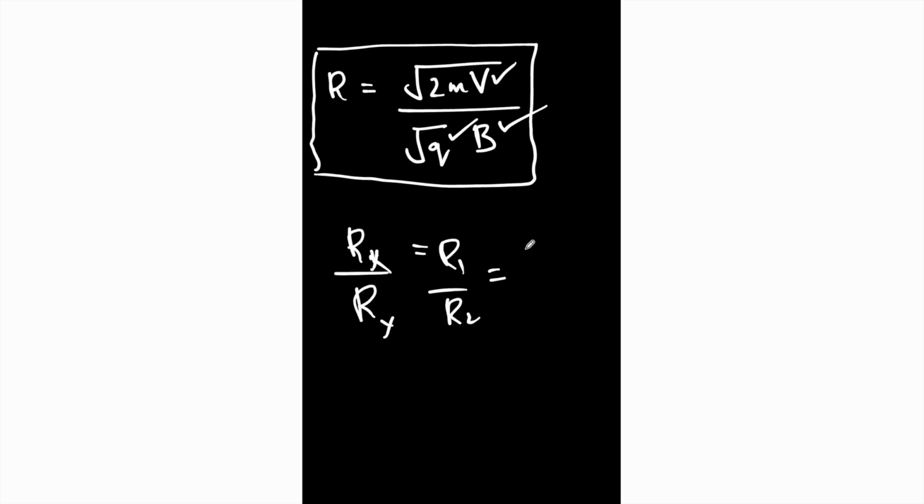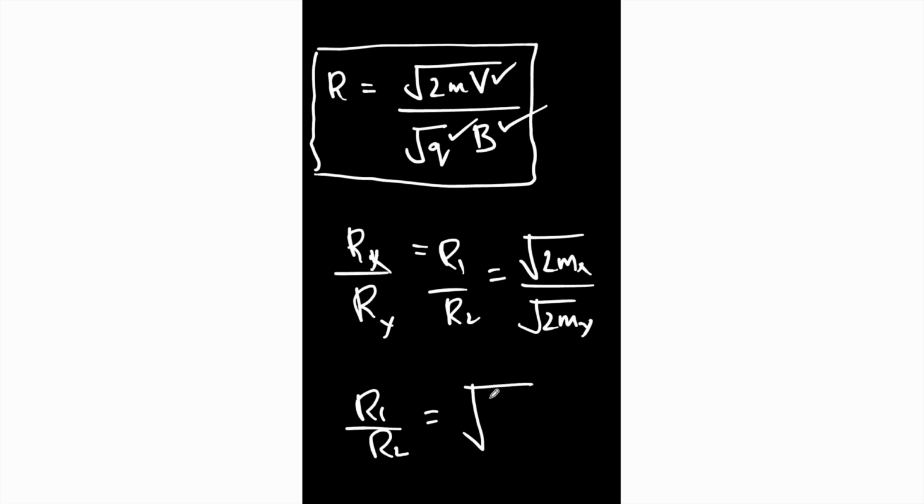So r1 by r2 basically depends on root 2 mx by root 2 my. So r1 by r2 is equal to square root of mx by my.